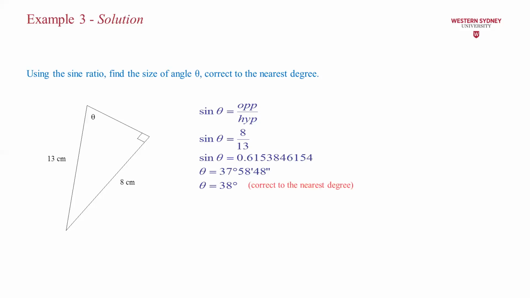Putting the numbers in, we have sine theta is equal to 8/13. Again, you need to use the shift, inverse, or second function button before sine to get the angle out. It's important to put the 8/13 in brackets when you're doing the calculation to make sure that the calculation is correct. The angle comes out in degrees and minutes, and it's rounded to 38 degrees.